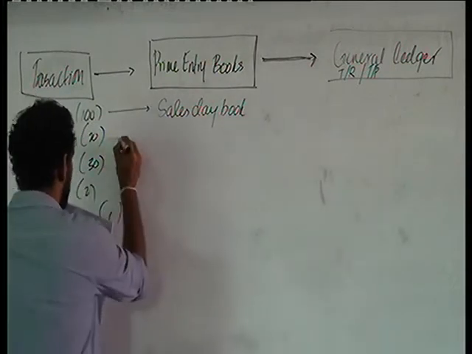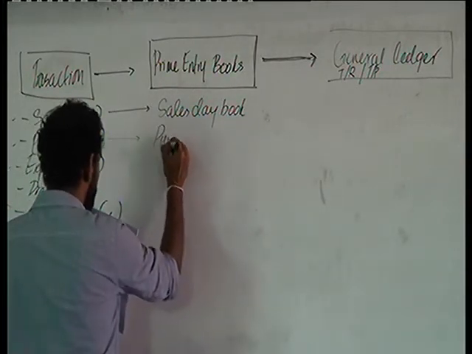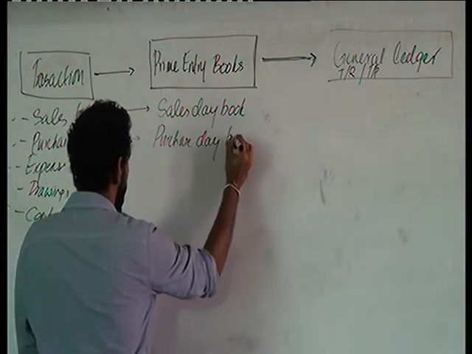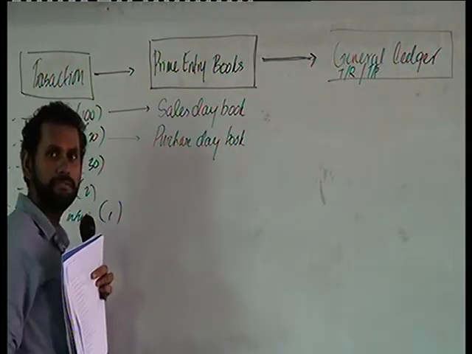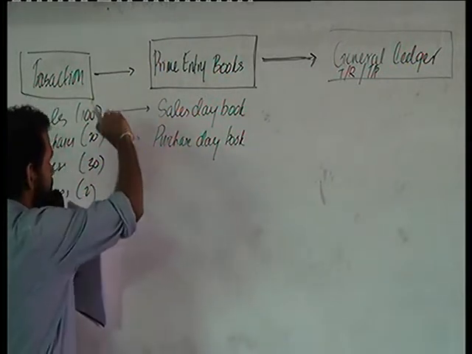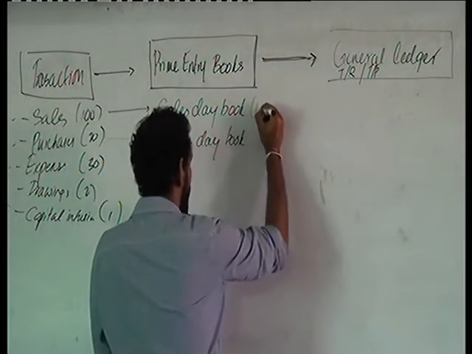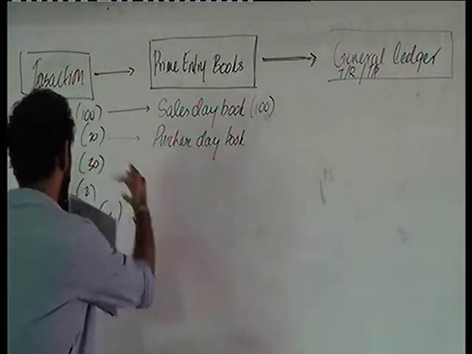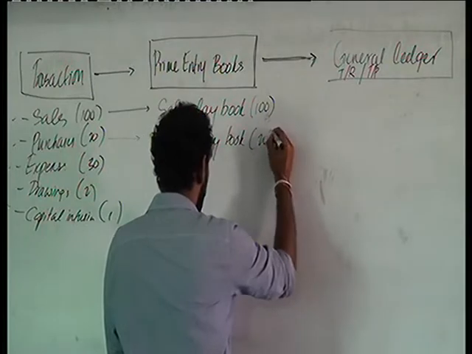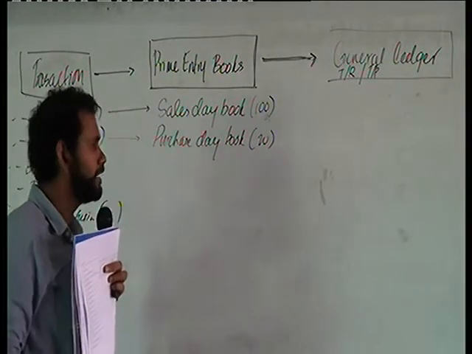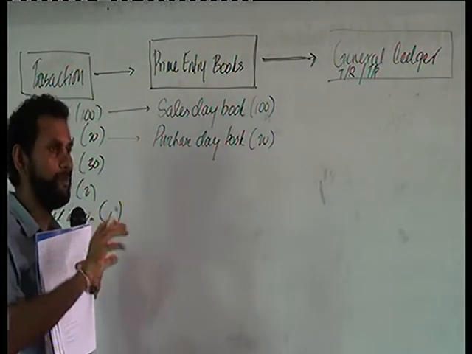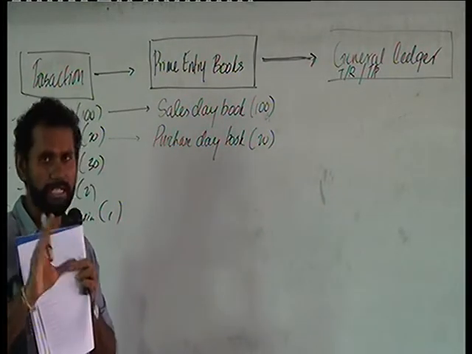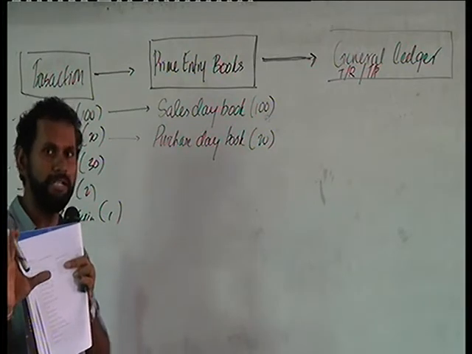The prime entry book related to purchases we call the purchase day book. So in this sales day book, we will have 100 transactions for the day. The purchase day book will have 20 transactions for the day. But here it's not going to be a double entry as we discussed in the previous example. Not a debit, not a credit. It does not have a double entry system.